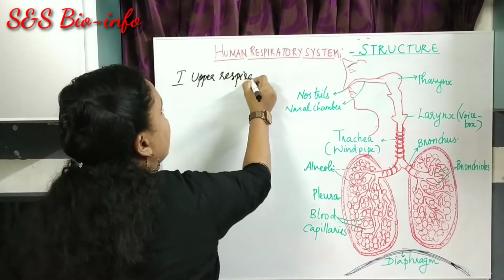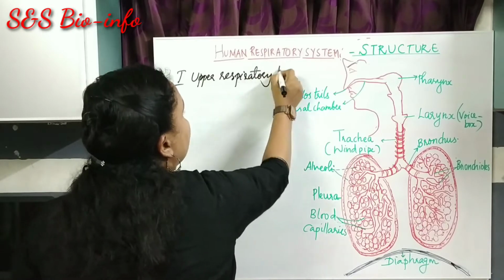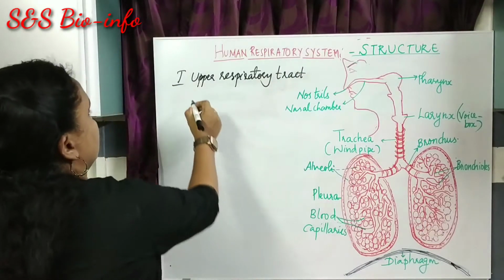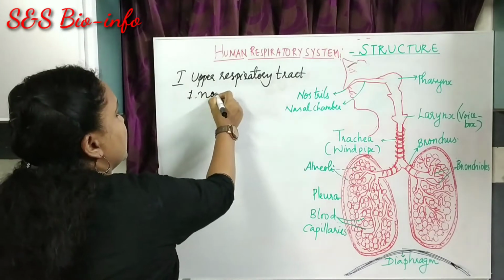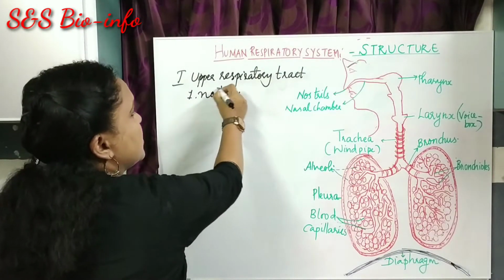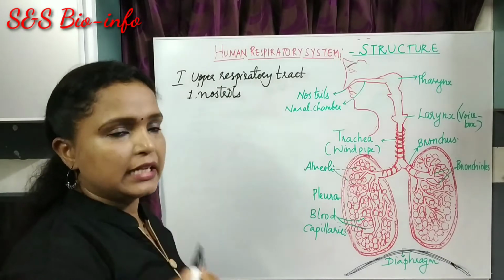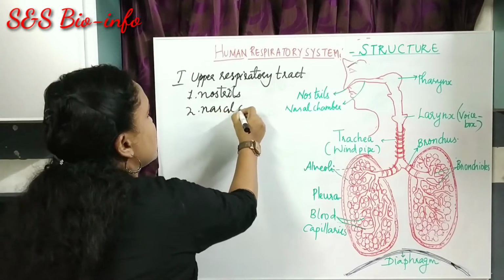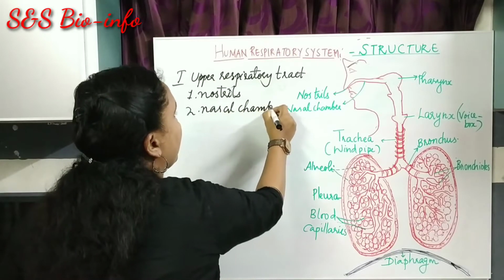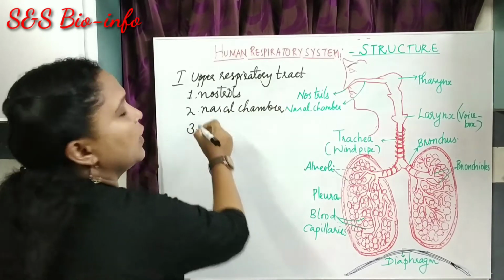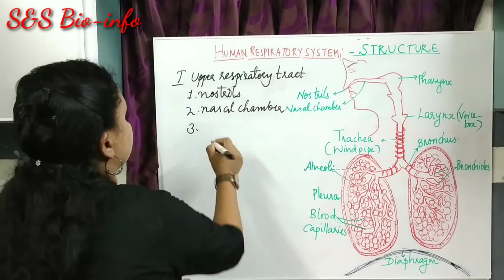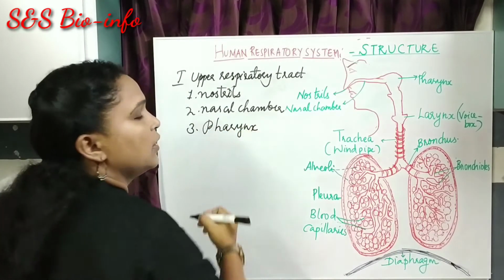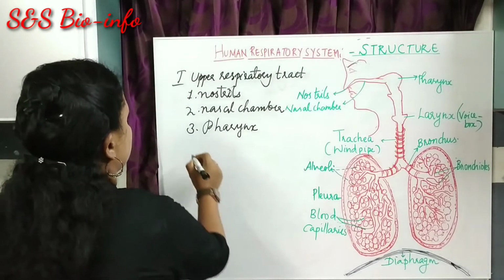It consists of number one, nostrils, number two, nasal chamber, number three, pharynx, and number four, larynx.